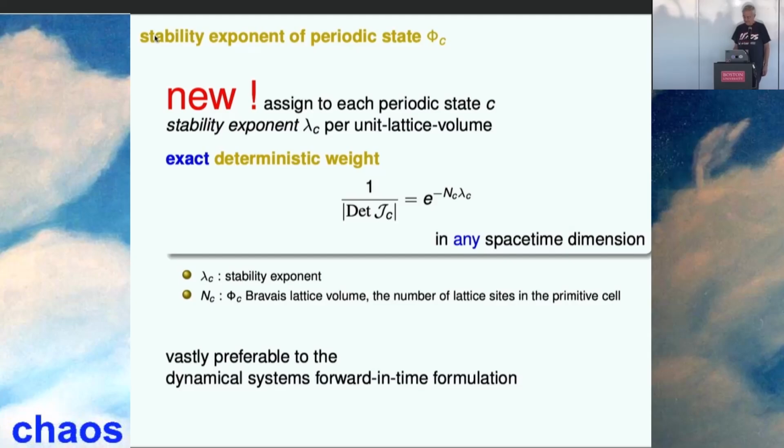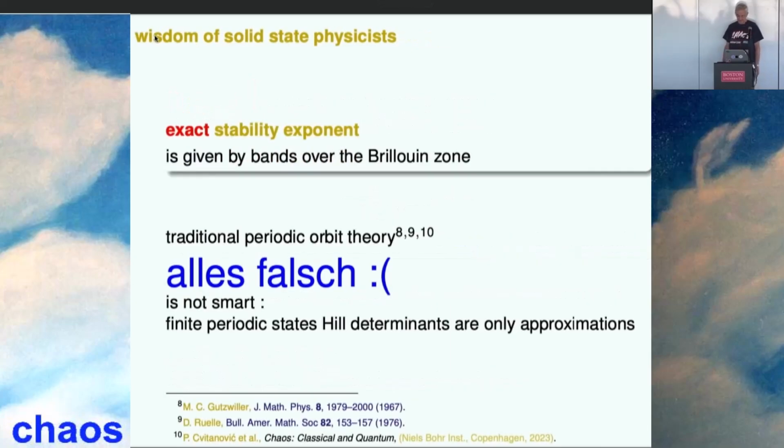And that gives you an exact deterministic weight, which is conveniently stated as the stability exponent, which is to spatiotemporal chaos, et cetera, what the Lyapunov exponent is to temporal evolution. Now, this is exact. There is no approximation because this is all deterministic. Everything we taught, Ruelle, Gutzwiller, myself, in time evolution is wrong because our perturbation space was too small.